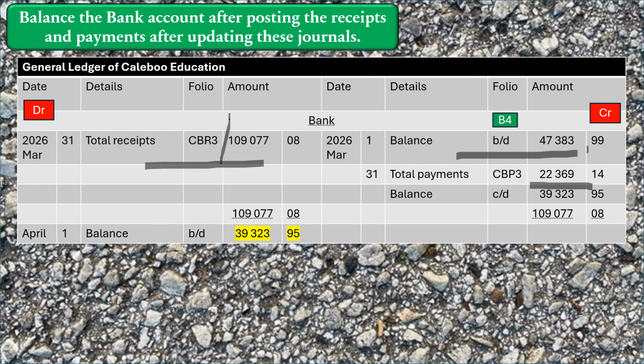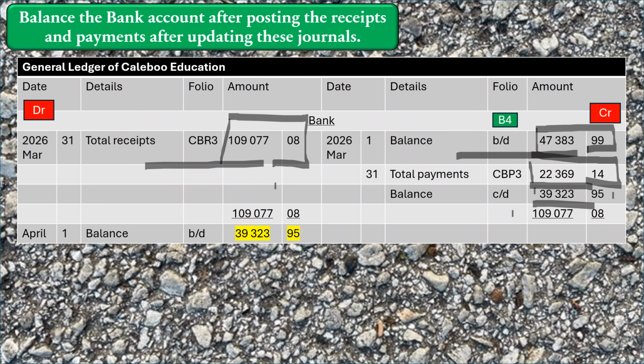If we add up, well, that's 109,077.08. We take off the opening balance, which was an overdraft, plus the payments. The balance, the debit side is bigger than the credit side by 39,323.95.